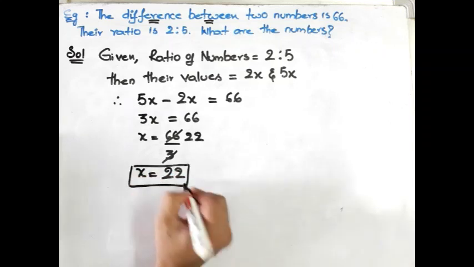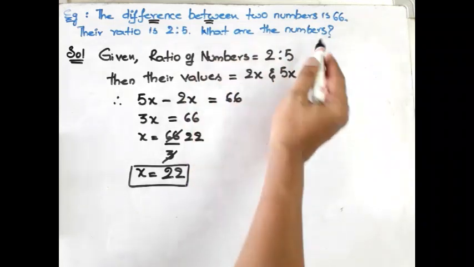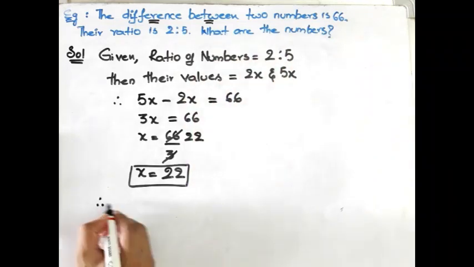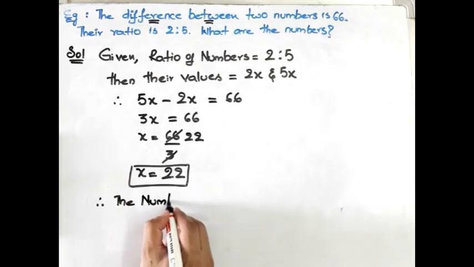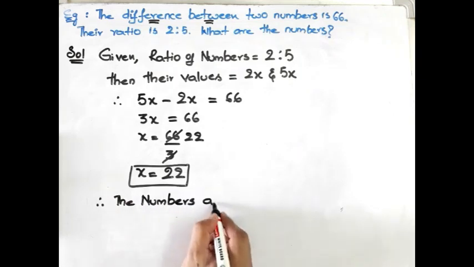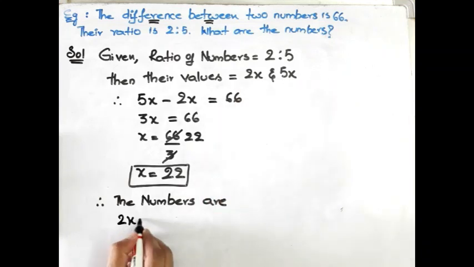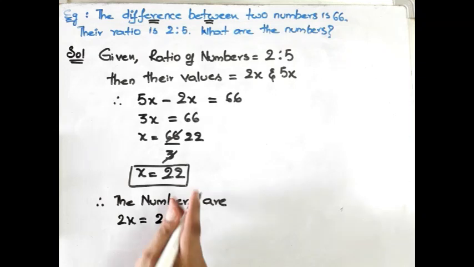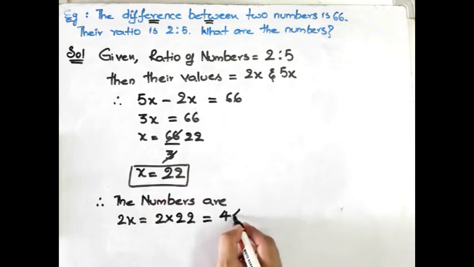If that is the case, they asked us what the numbers are. Therefore, the numbers are: first is 2x, that means 2 into the value of x, 22, which is equal to 44.